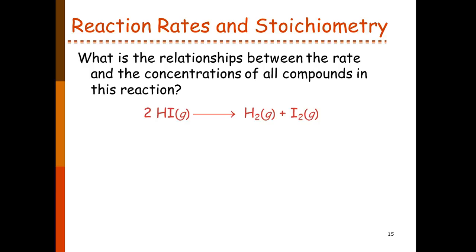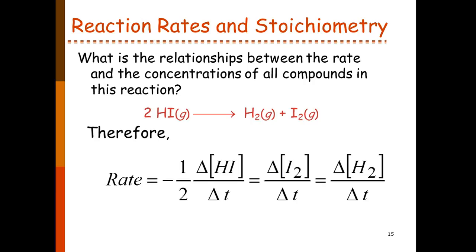So let's look at an example for iodic acid producing hydrogen gas and iodine gas. The relationship that we would have using stoichiometry would be 1 over 2, where the 2 is the coefficient for the iodic acid, times the change in iodic acid over the change in time, and the change in iodine over the change in time, and the change in hydrogen gas over the change in time.